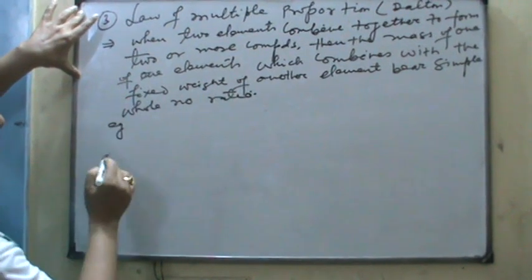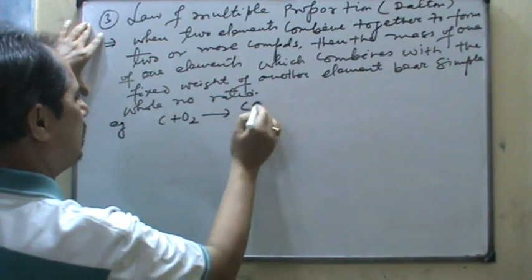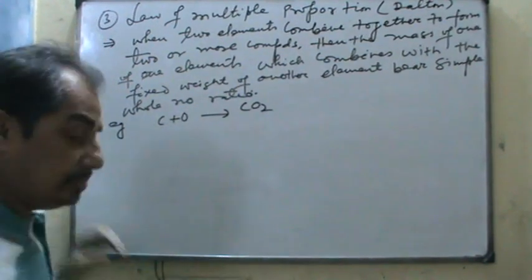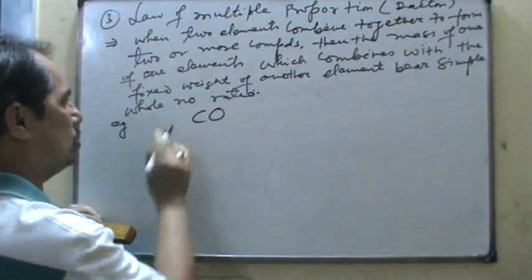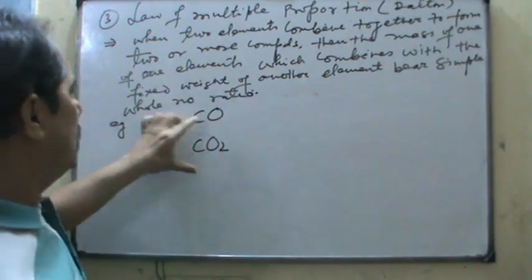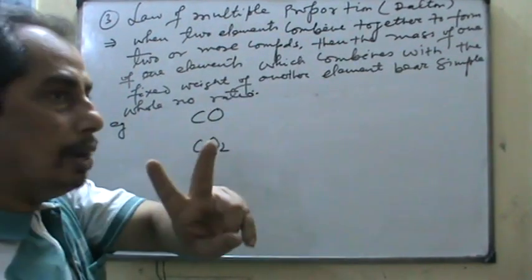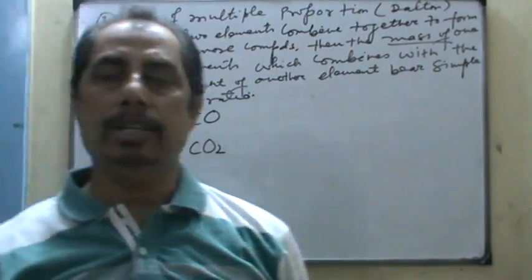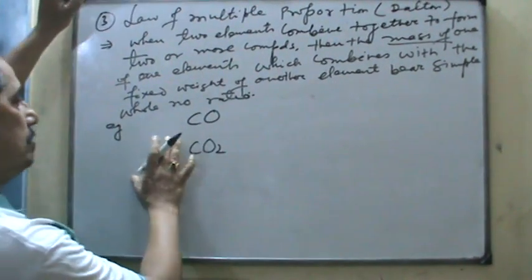For example, carbon combines with oxygen to form carbon monoxide and carbon dioxide. Carbon and oxygen can give two or even more compounds, but in this case only two. Then the mass of one of the elements which combines with the fixed mass of another bears a simple ratio.